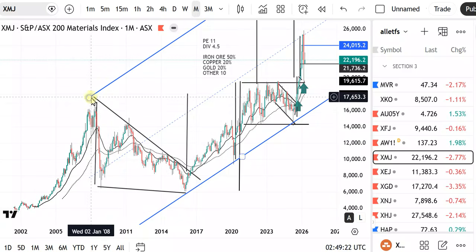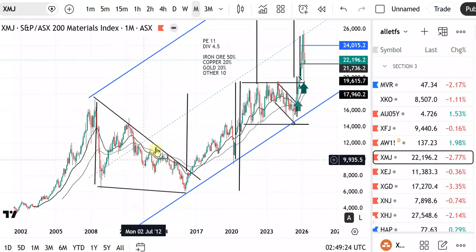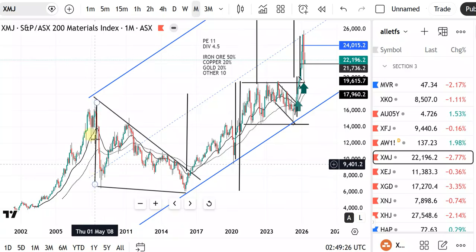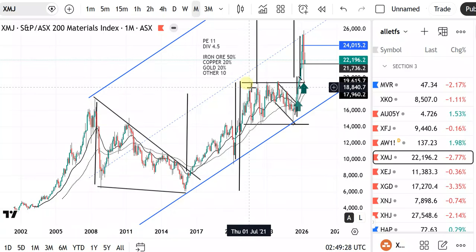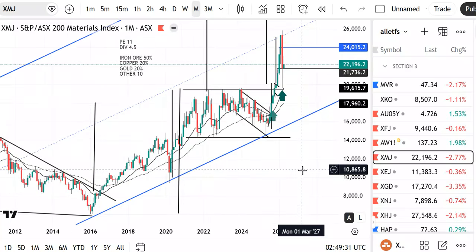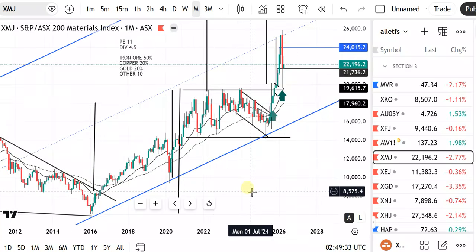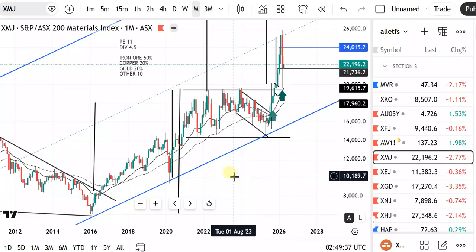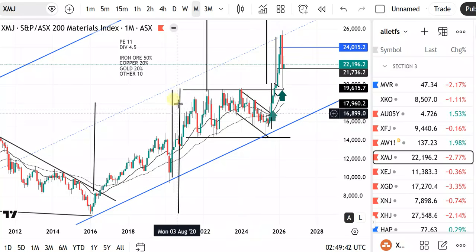So 2008, we take the depth of the descending triangle here and add it to the breakout. That got us pretty close. Then there's a couple of projections.